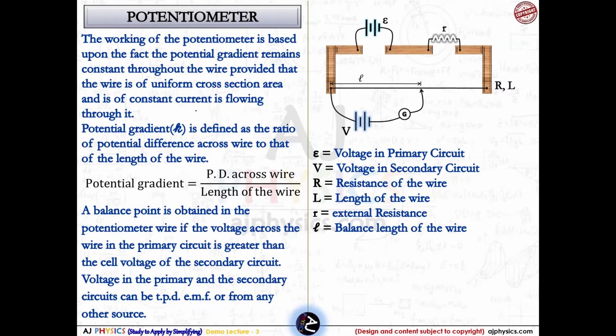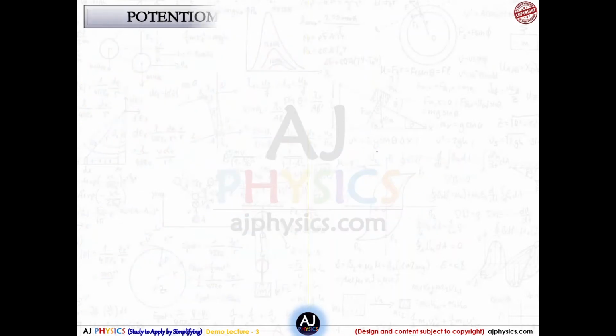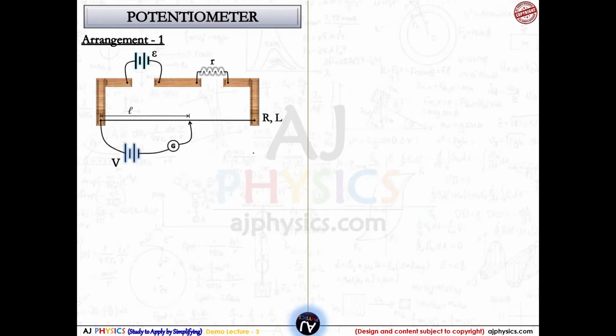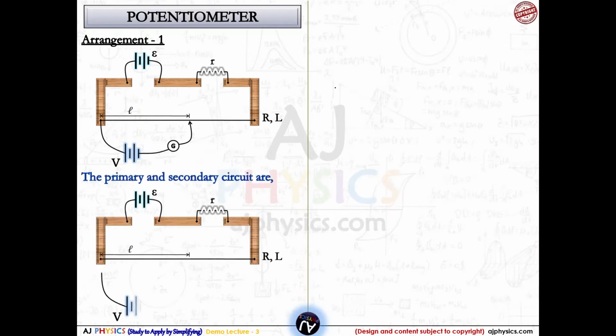Let us discuss arrangement 1 first, from which we are going to get all the information required in the upcoming circuits, also in arrangement 2 and arrangement 3. So this is arrangement 1. In this arrangement, the circuit has to be broken up into two parts: one is primary and another is secondary.